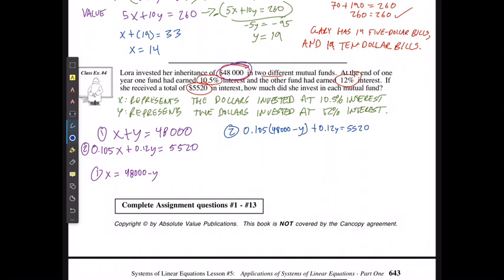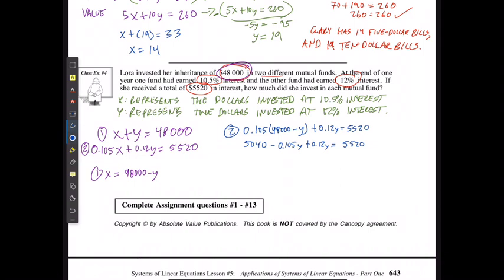Now at this point, I'm going to multiply it out and say that 0.105 multiplied by 48,000 is going to give me 5,040 minus 0.105y plus 0.12y is equal to 5,520.